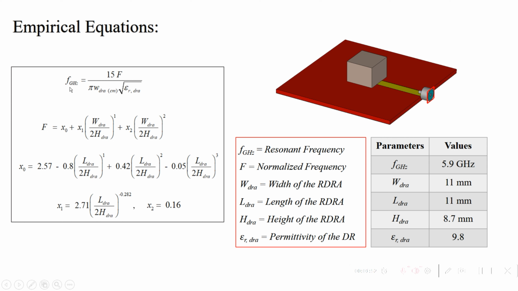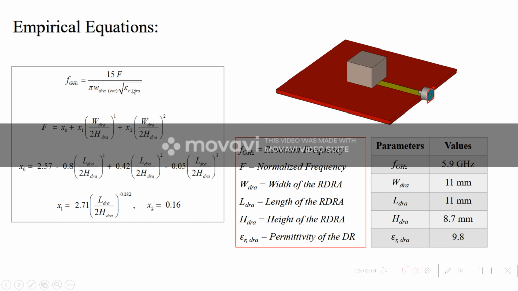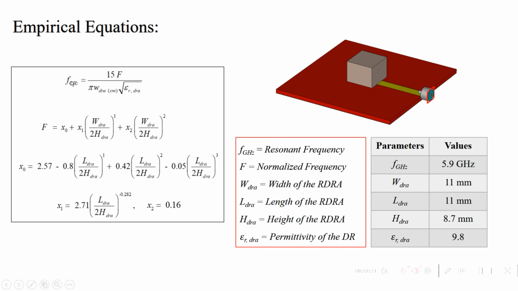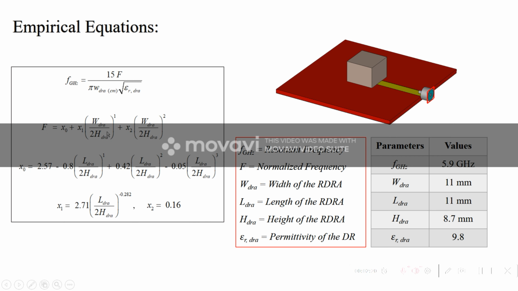Here we will calculate the resonant frequency after knowing the F value, W and epsilon RDRA, that is the dielectric resonator permittivity. After getting the F value, that is the normalized frequency, we can easily find the resonant frequency, and by taking this resonant frequency we can determine the length, width, height of the dielectric resonator antennas.